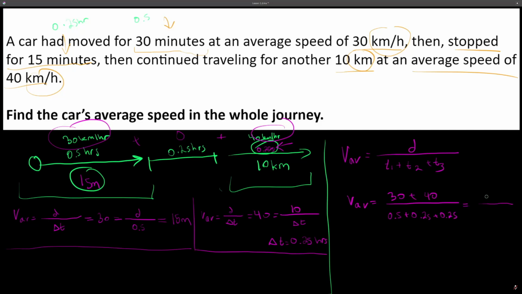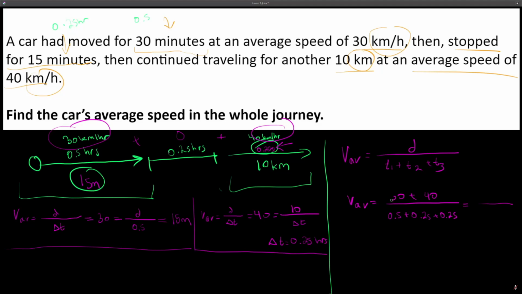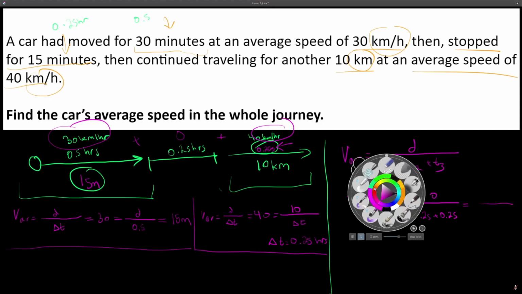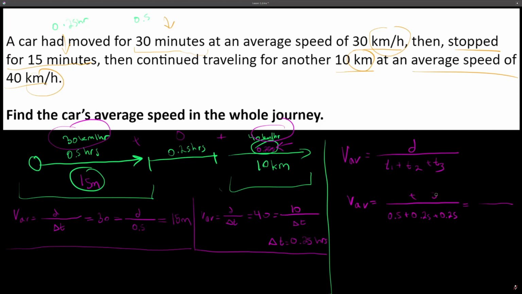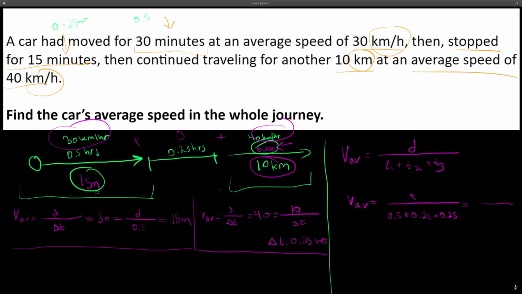So that gives us 70. Wait, this is the speed, not the distance. I made an error. So we're looking for the distance.